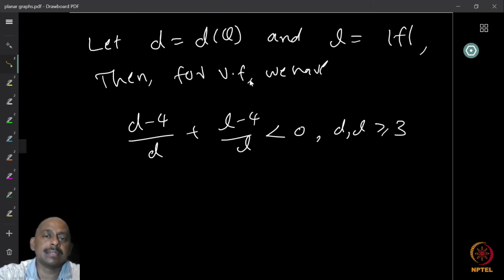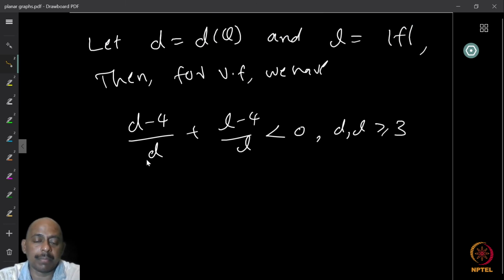So what is the charge? The formula is (d minus 4) by d plus (L minus 4) by L, where d is the degree of the vertex and L is the length of the face. Now this value is the charge of the corner, which is negative, less than 0.